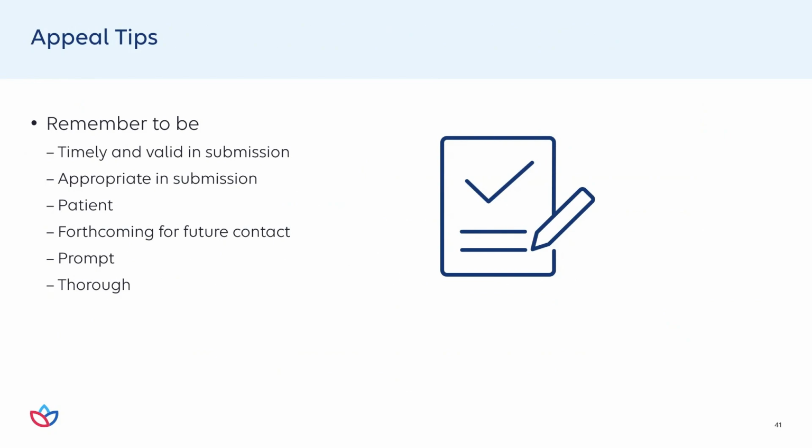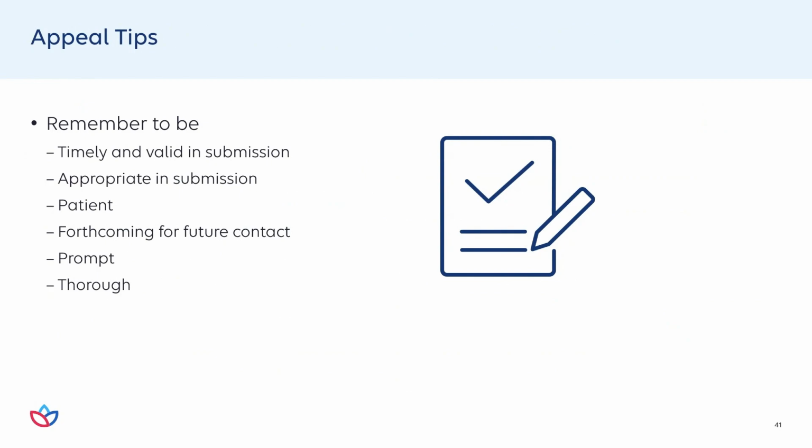Be appropriate in your submission, meaning don't submit duplicate requests, because that's going to bog down the system. Don't submit 3,000 pages worth of medical record documentation. You want to be patient and wait the allotted time frame for us to make our decision, or for any other level of appeal. For example, the ALJ or the Department of Appeals Board, be patient and wait for them to make their decision. Don't submit duplicate appeals.